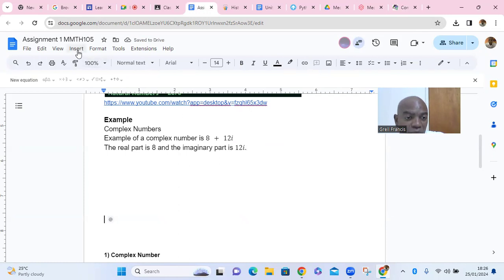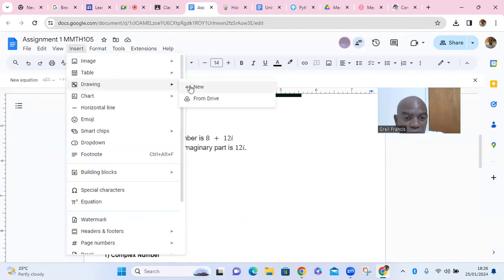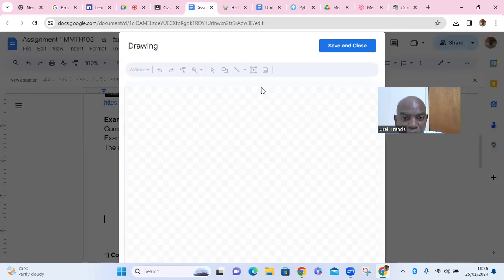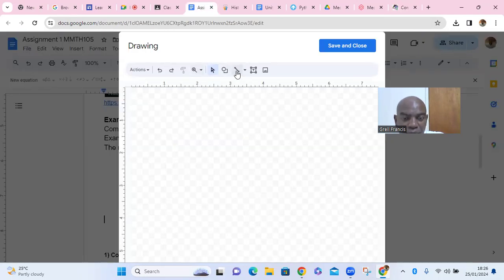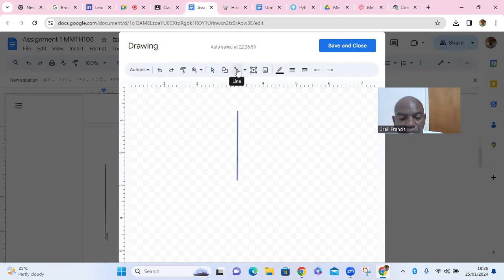How can you do that if you want to use Google Docs? You do have to draw it to scale. So that's the real part, that's the imaginary part.